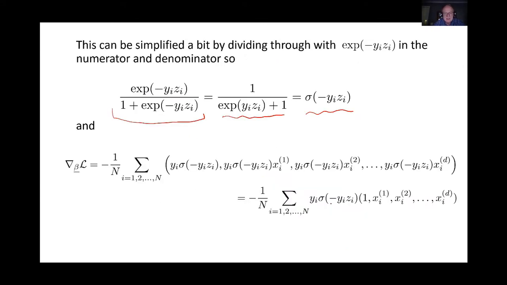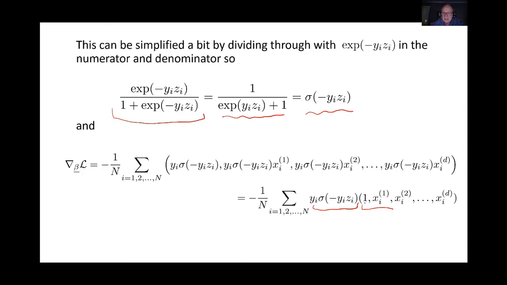We're going to get this expression here. We're taking this factor here and we're multiplying it onto the data vector, but we had to put a 1 in the first coordinate here.